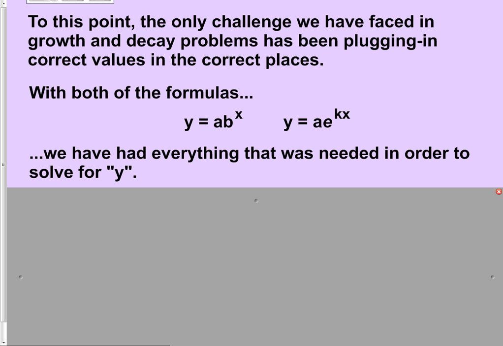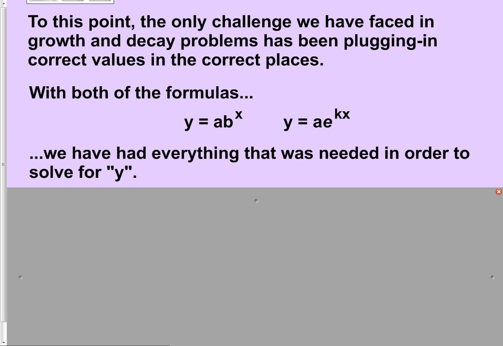In other words, we have been provided with initial amounts of something before a problem began. We have been provided with how much of an increase rate or decrease rate or constant of proportionality. We have known that value going in. We have known how much time was going to elapse between the beginning of the problem and the end of the problem. Well, those are, of course, variables.